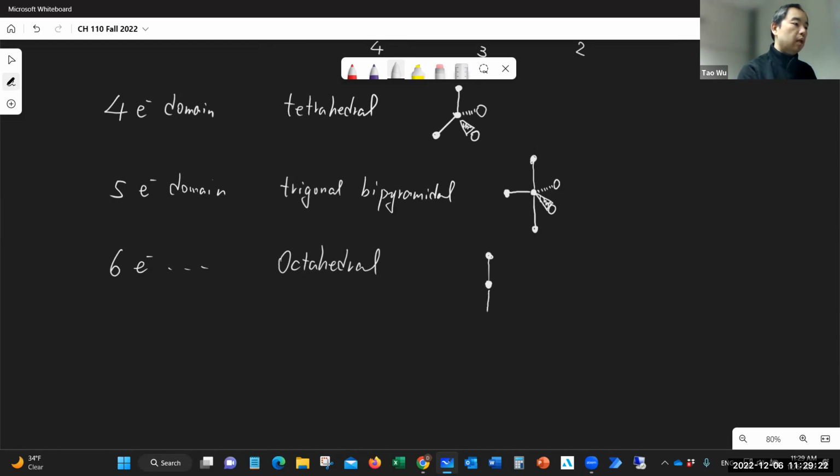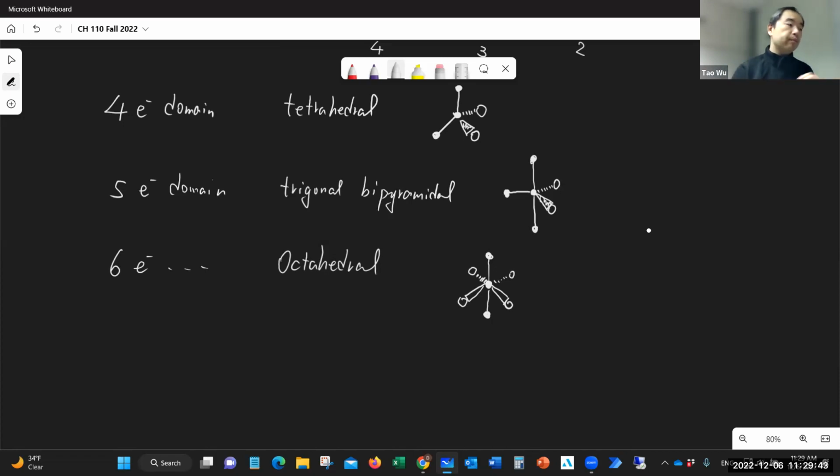One straight line, another straight line, and in this case, 2 atoms sticking out, and 2 atoms pointing inside. Okay, so now this is the octahedral shape.